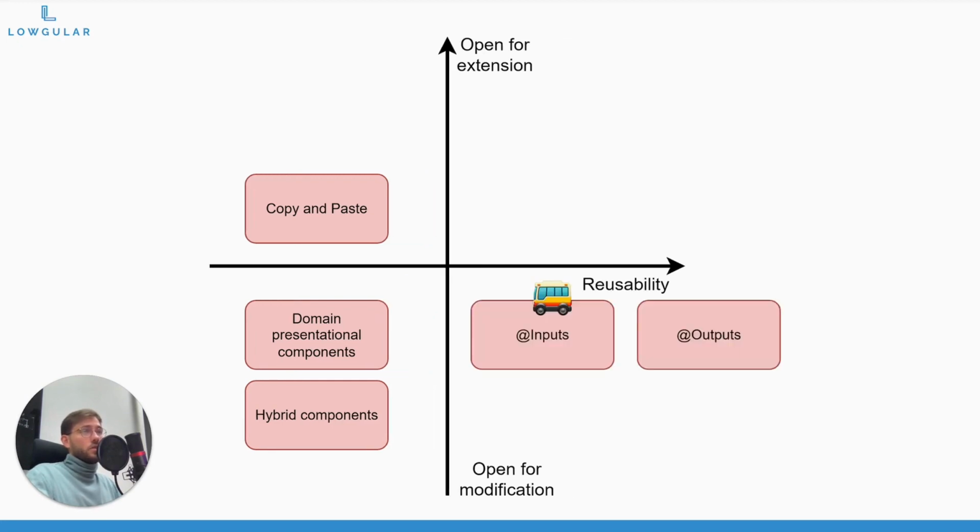On the next corner, we discovered that inputs are extremely reusable, but not open for extension. So basically, we should avoid using inputs. But of course, there are scenarios where this particular feature of Angular would help, especially with directives.